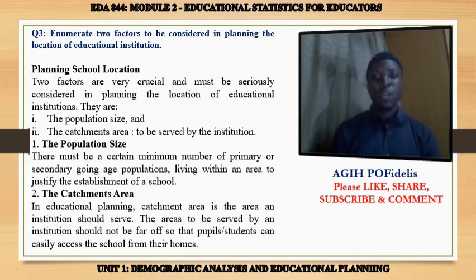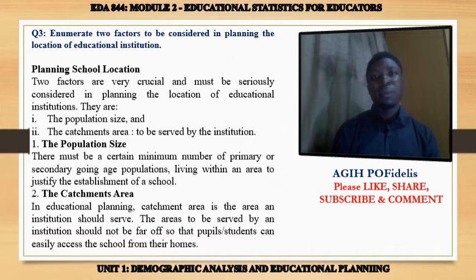In terms of the population size, there must be a certain minimum number of pupils or students that are of the age of primary or secondary school that are living within the area to justify the establishment of a school.